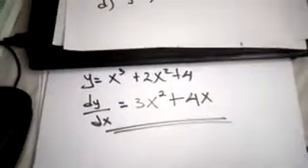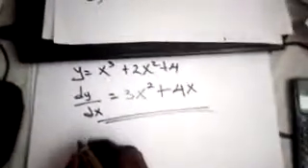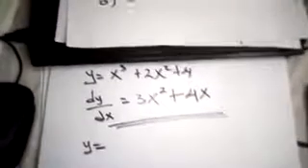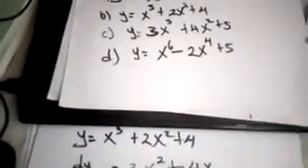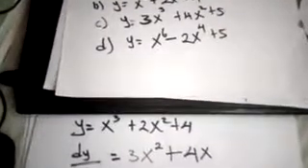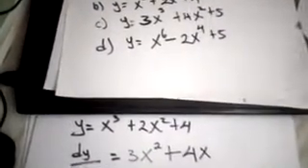As simple as that. Then the other one was y is equal to 3x power 3 plus 4x squared plus 5.